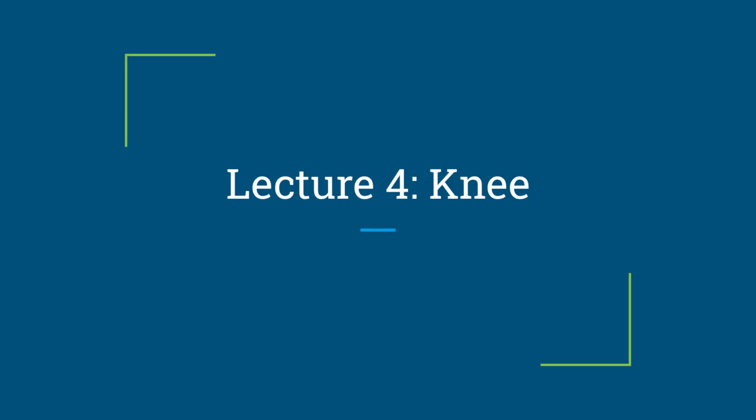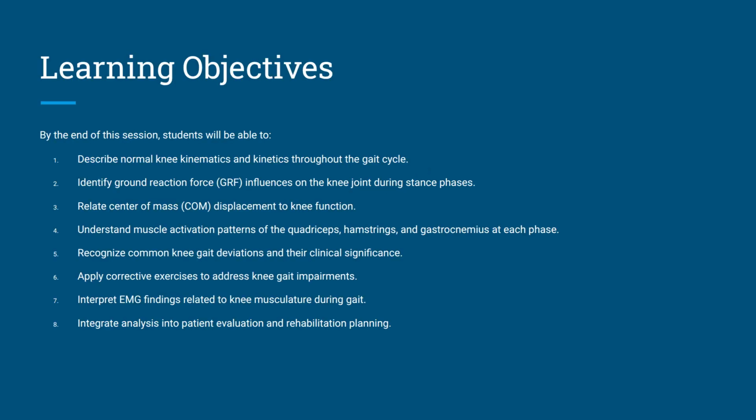If you understand the knee, you can usually reverse engineer what's happening above and below it, at the hip, ankle, foot, and even trunk. By the end of this lecture, you should be able to do several things.